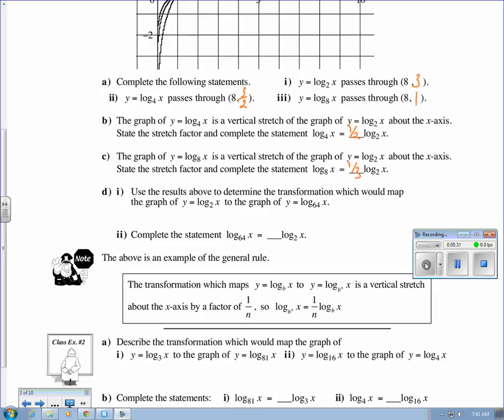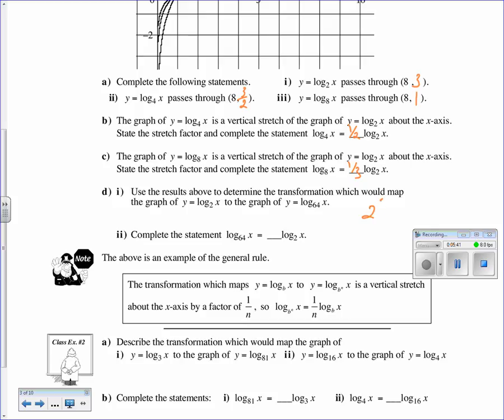How would the graph of y equals log base 2 be related to the graph of y equals log base 64? Well, you need to think about the fact that 2 to the 5th is equal to 64, not 65. So we're going to get a vertical stretch by a factor of the reciprocal of that power.